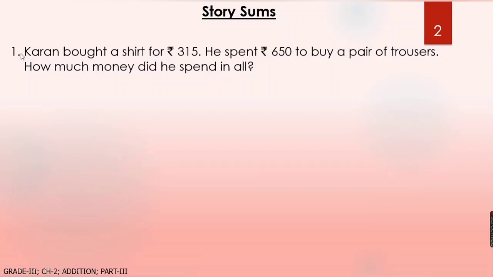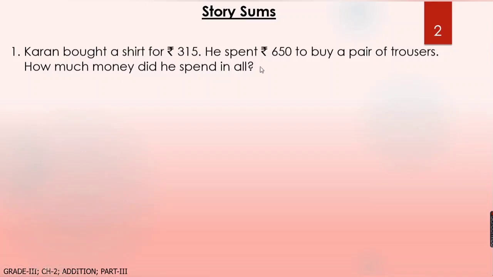Now, here the first sum is: Karan bought a shirt for rupees 315. He spent rupees 650 to buy a pair of trousers. How much money did he spend in all?